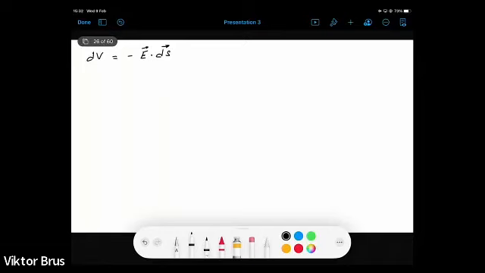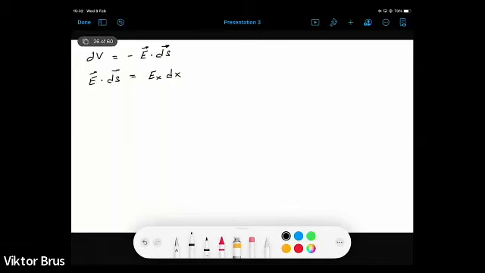Now, in order to make it more clear, let us consider only the one-dimensional case when we have electric field orientation only along axis x. So in this case, E vector times ds vector will be equal to Ex times dx, because displacement can happen only along axis x, and the electric field Ex is also aligned along this axis.